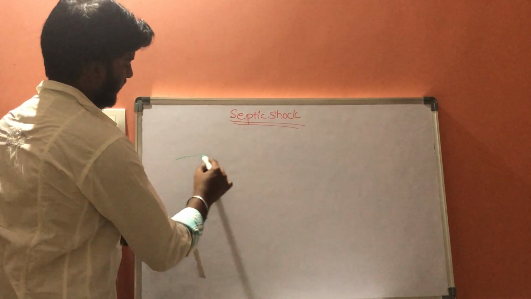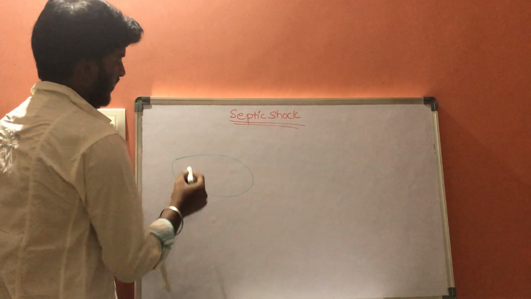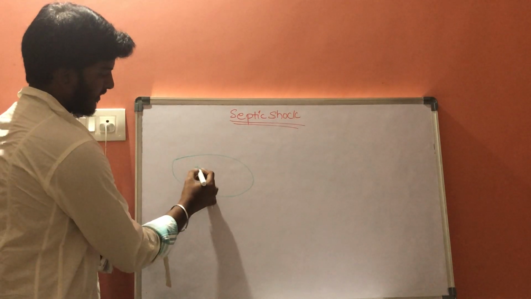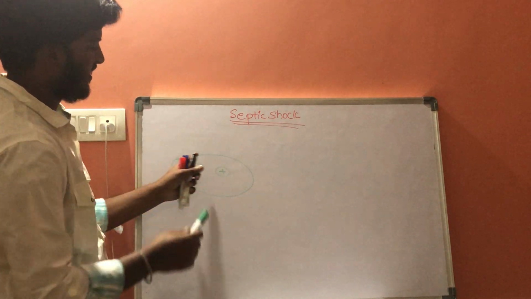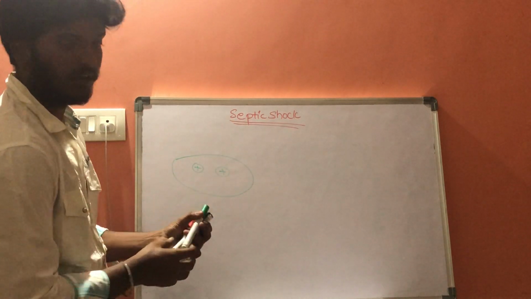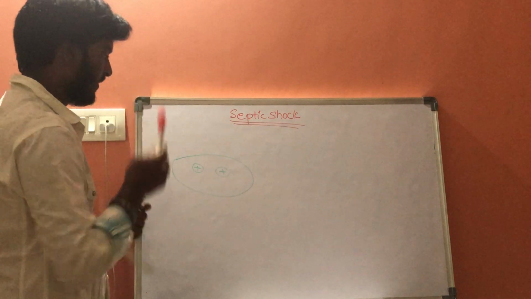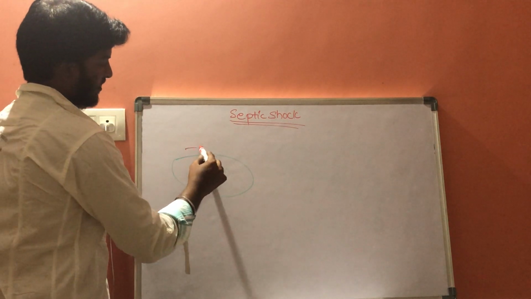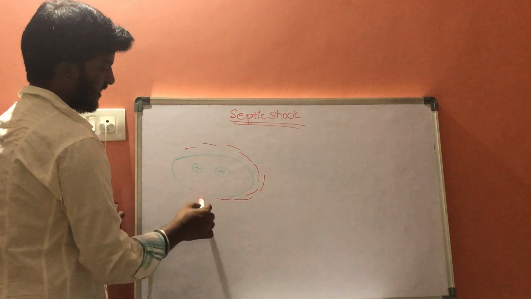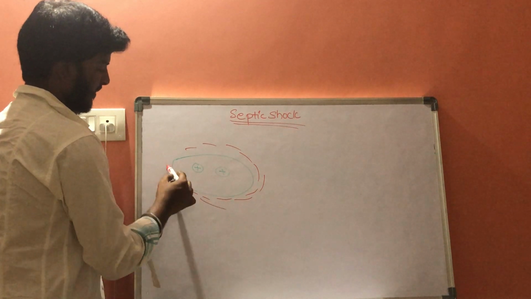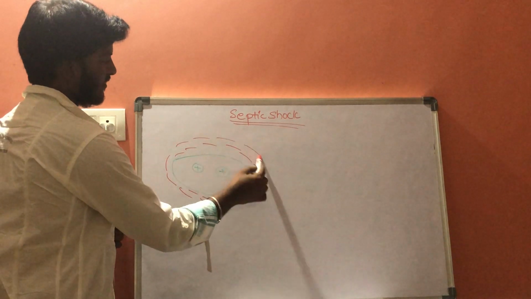Let us consider a gram-positive bacterium. This is the cell wall, and just above the cell wall there are peptidoglycans, multiple layers of peptidoglycans.